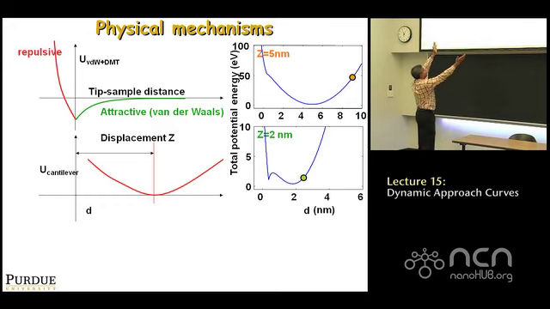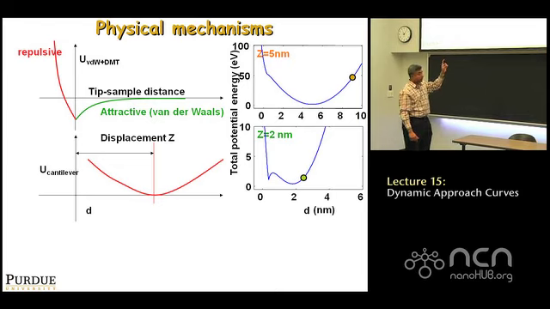On the other hand, if the quadratic potential well is brought closer, if the center of it is brought closer, as shown here, you could get a picture like this, right? So you can see that depending on how far the Z is, the overall potential energy picture depends, okay?